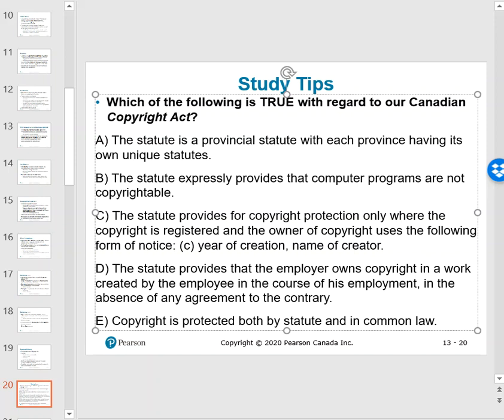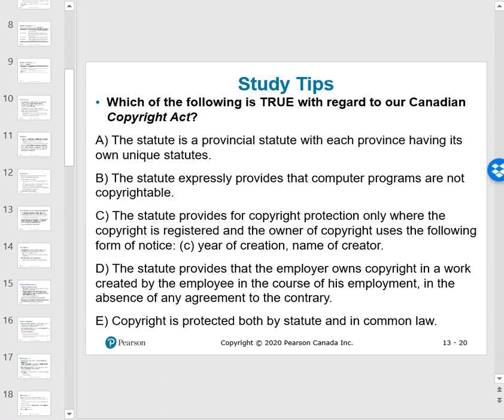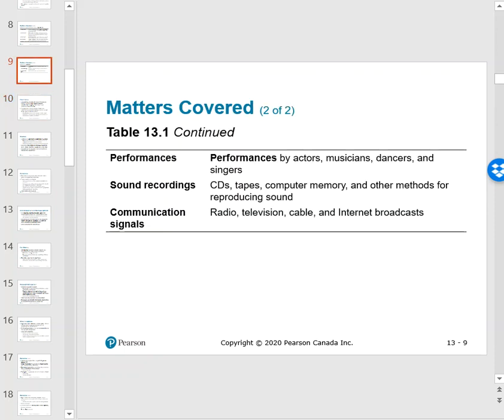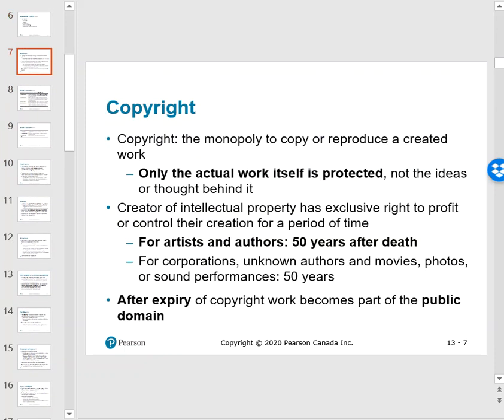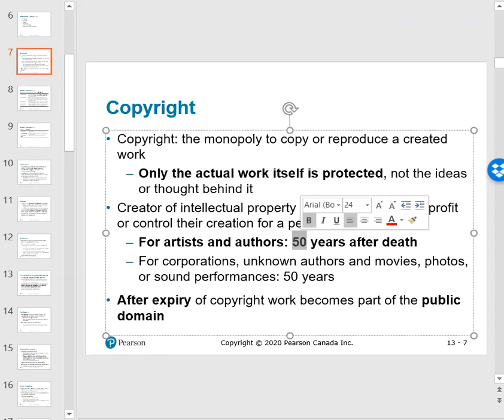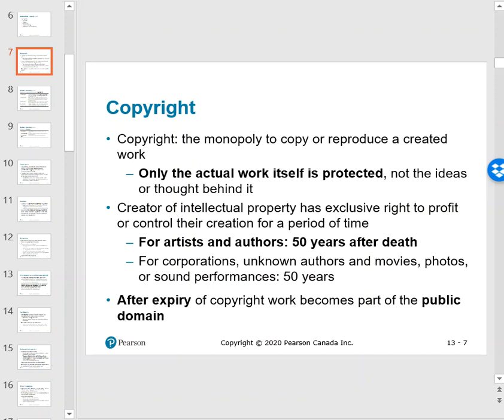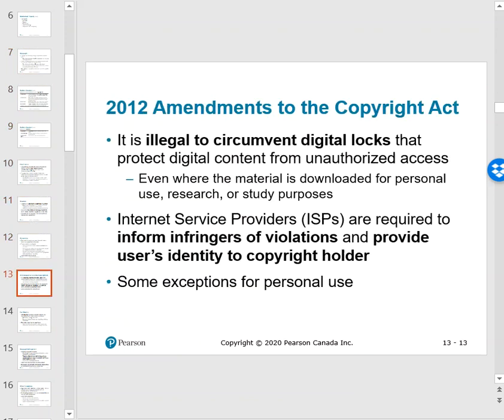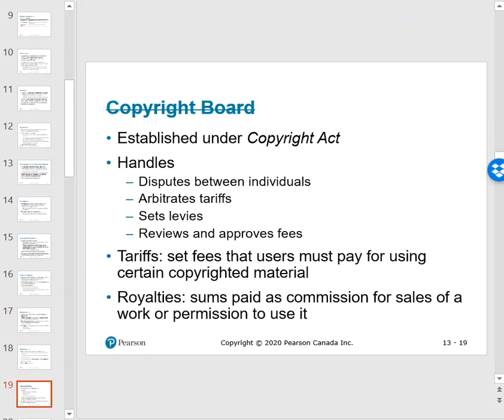Copyright lasts for a lifetime, actually more than a lifetime. One of the first slides, just show it again. So it's 50 years after the author's death. So actually the estate, the heirs, will have copyright for longer.